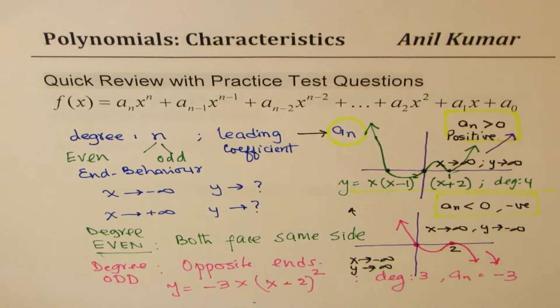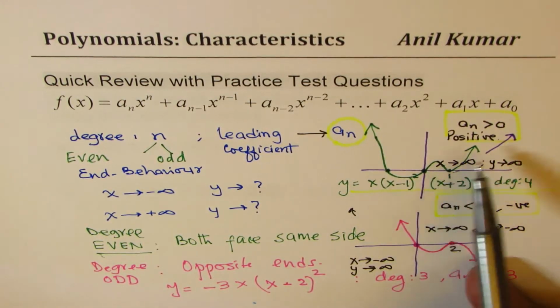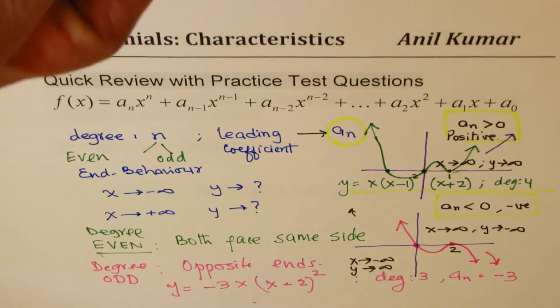So I hope this part is clear, how we can relate degree and the leading coefficient and sketch the polynomial, and from the sketch we can always find the intervals when it is decreasing, increasing, and all those things. Well, so many questions we can answer.